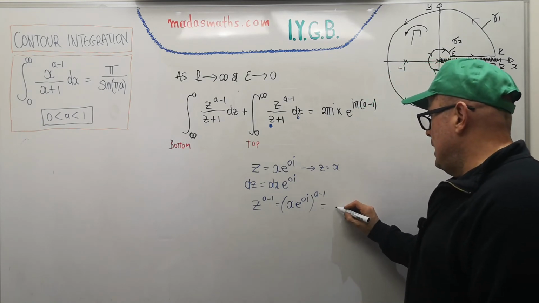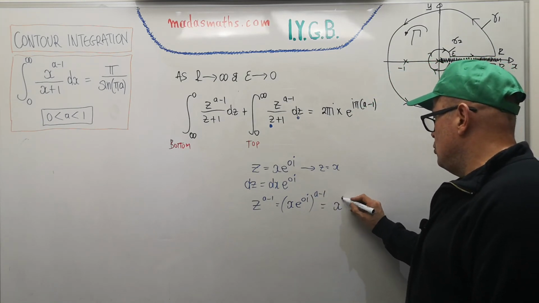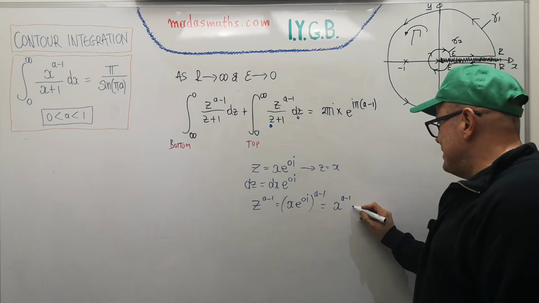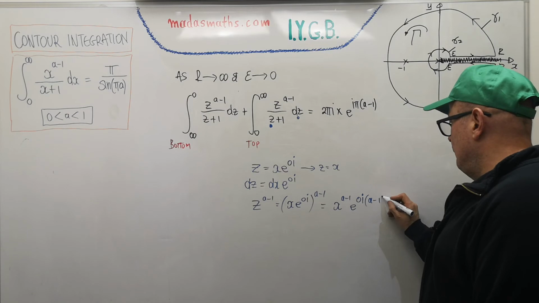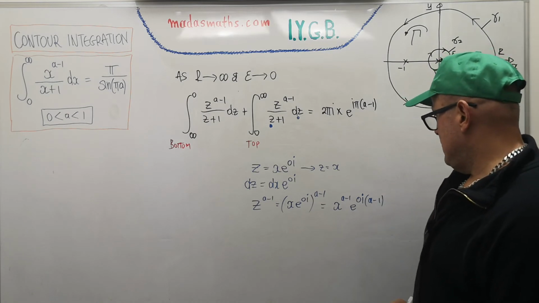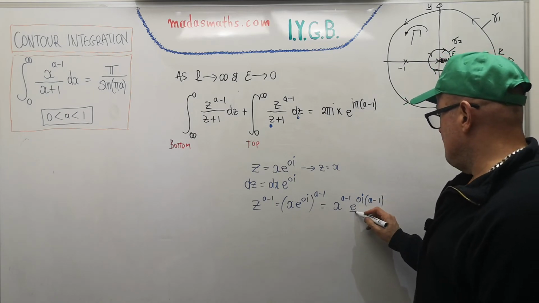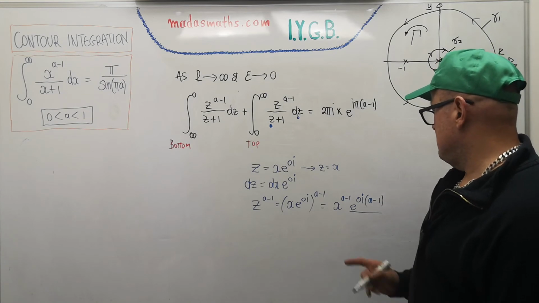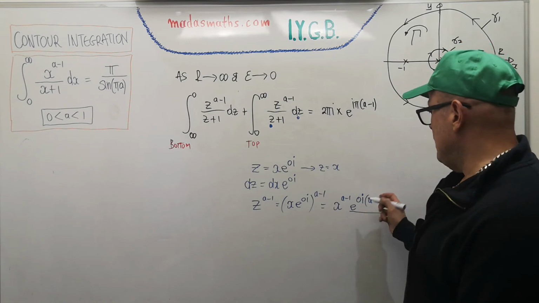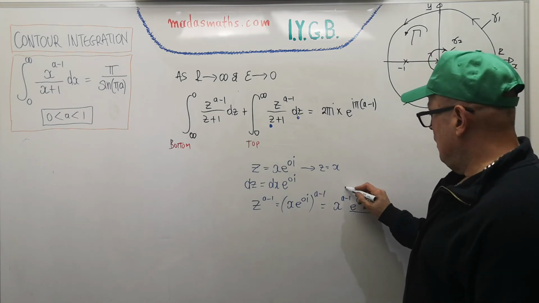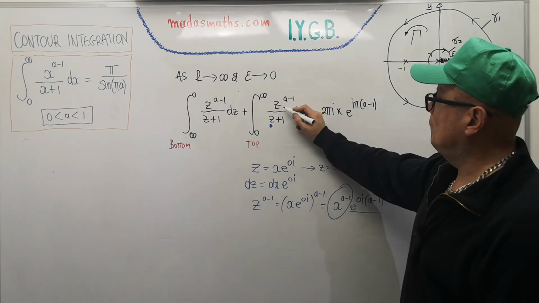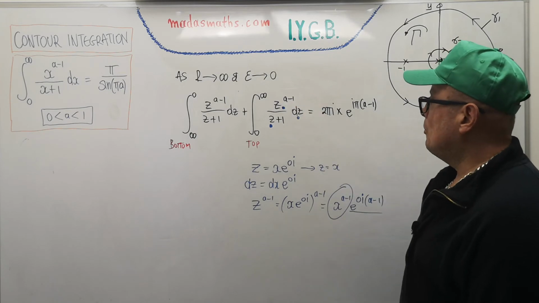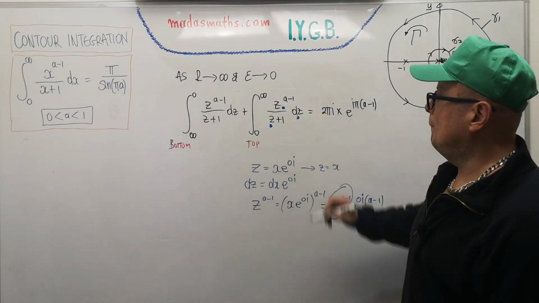So that will become x to the a minus 1 times e to the 0 i (a minus 1). Is that a problem? What is this extra bit? Well, the answer is e to the 0, which of course is 1. So basically, all you're going to put for this particular thing is again x to the a minus 1. So no problem for this particular one.